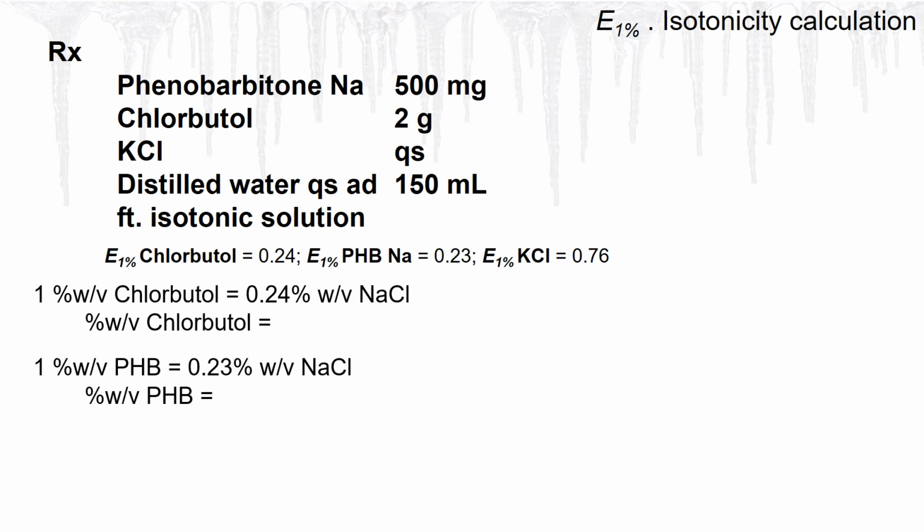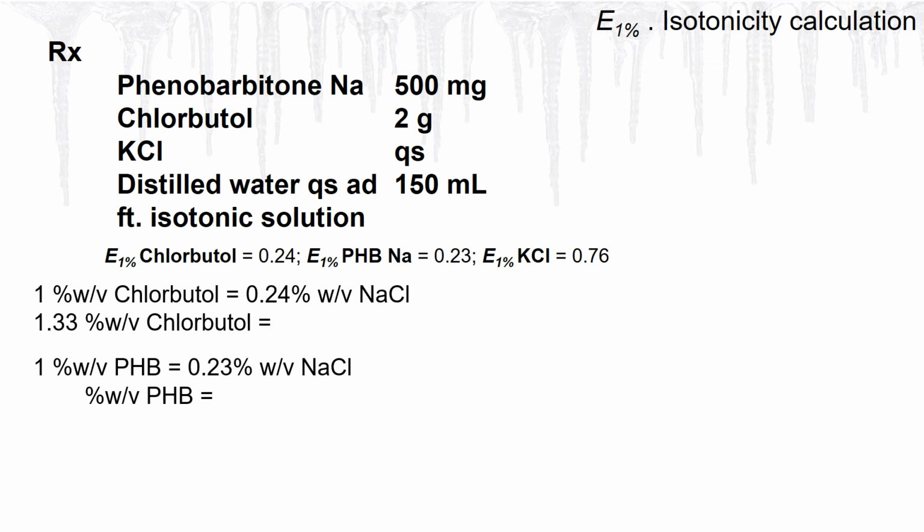In this system, we have 2 grams of chlorbutol in 150 ml. So it means that in 100 ml, it has 1.33 grams, or 1.33% of chlorbutol. And how much is this 1.33% of chlorbutol equivalent to in terms of sodium chloride?